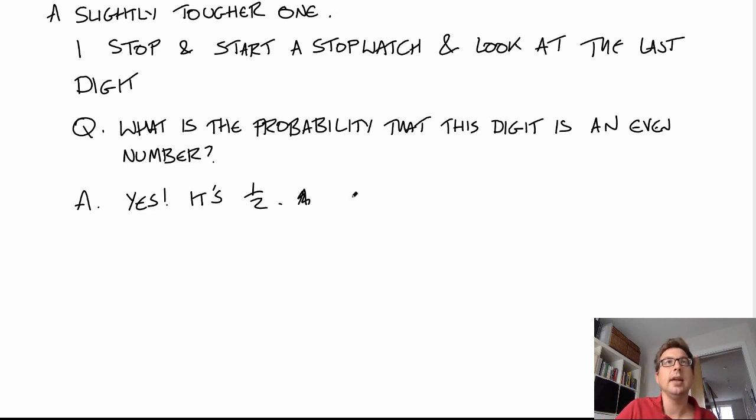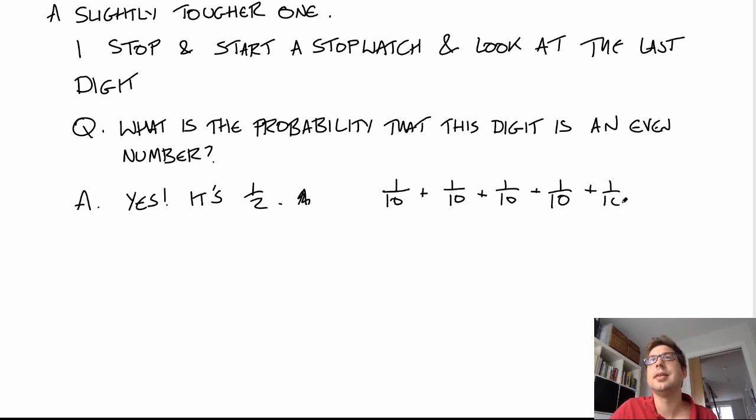Really, we think of the chance of the digit being a 0 as being 1/10, then the chance of a 2 being 1/10, a 4, a 6, and an 8. So the digit being a 0, a 2, a 4, a 6, and an 8. Well, there's 5 events there out of 10, so I'm going to get a half.